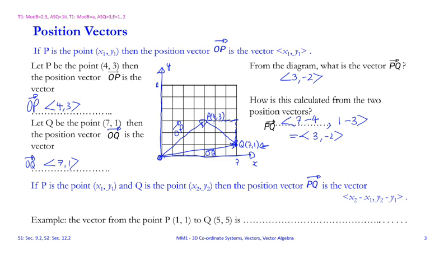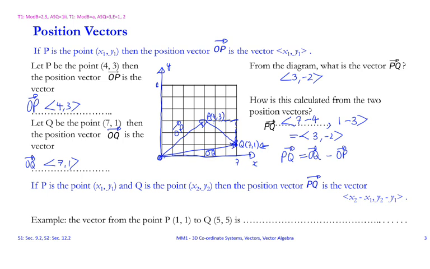So your position vector PQ is also the same as saying OQ minus OP.